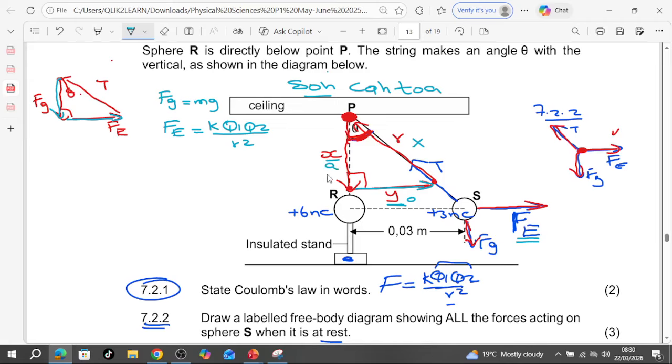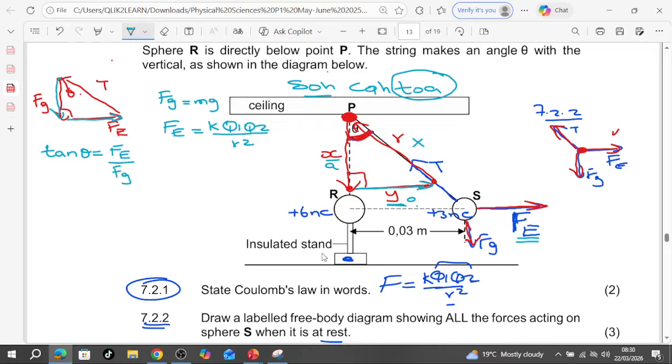So we're going to use the one that has O and A, which is the tan. So tan of theta is equal to opposite, which is Fe, divided by my adjacent, which is Fg.